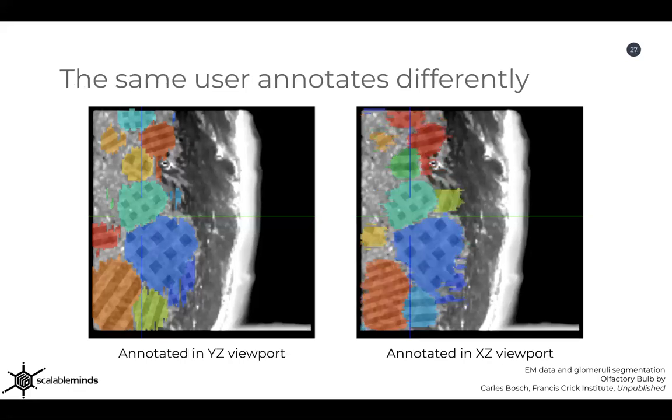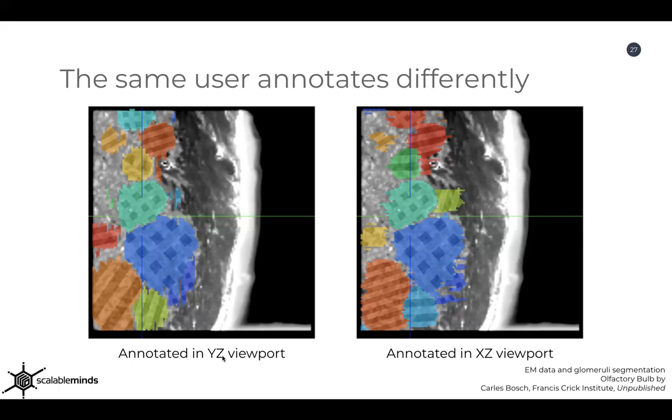But not only do multiple annotators annotate data differently, even if you give the same task to the same person, you will also sometimes get different results. You can see this here. This was done by the same annotators. It's the same data, as you can see, and still we get some slightly different results. In this case, the data has been annotated in different viewports.